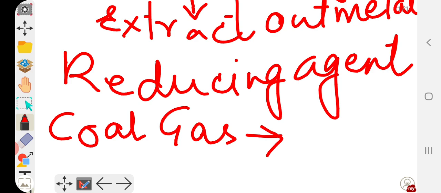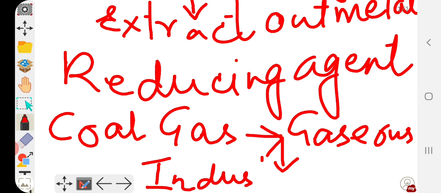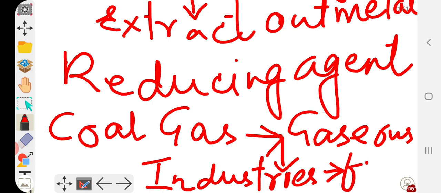When it gets evaporated, it changes into a gaseous matter, and that gaseous matter is termed as coal gas. It is used in industries as fuel. So, coal gas is formed at the time of the formation of coke.